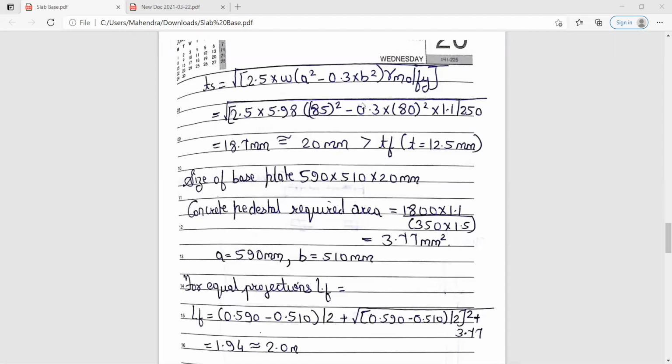Calculate the thickness, and after calculating, let me know so that we can proceed further.